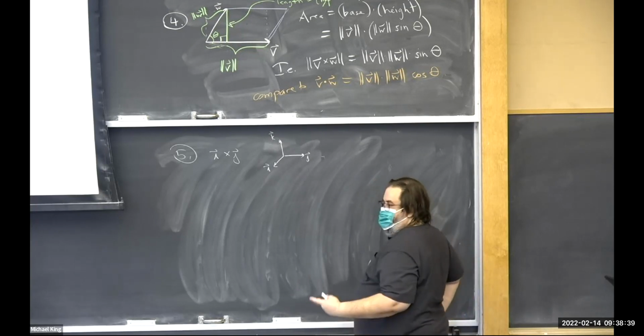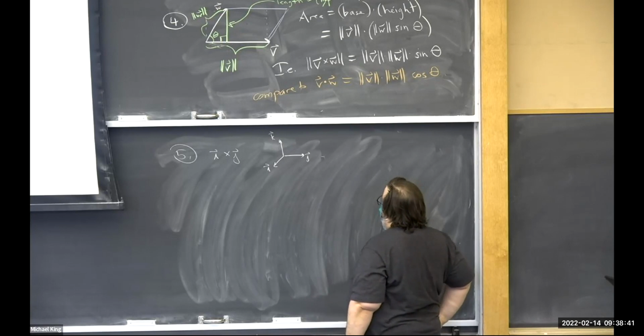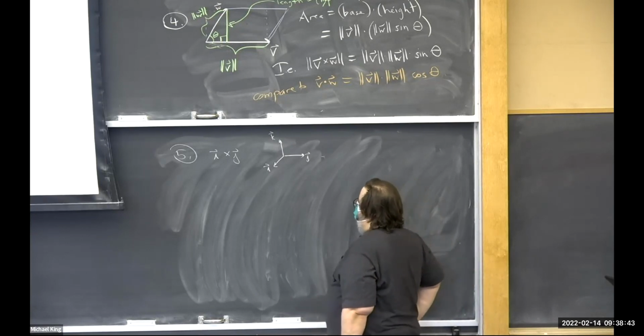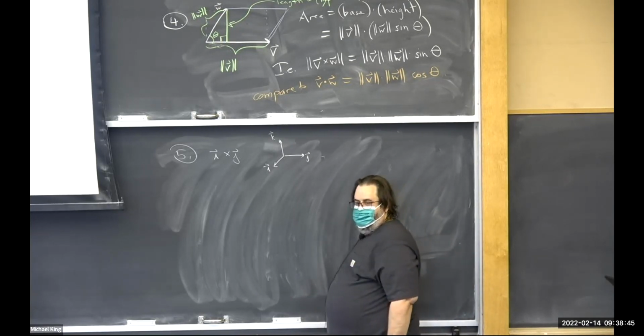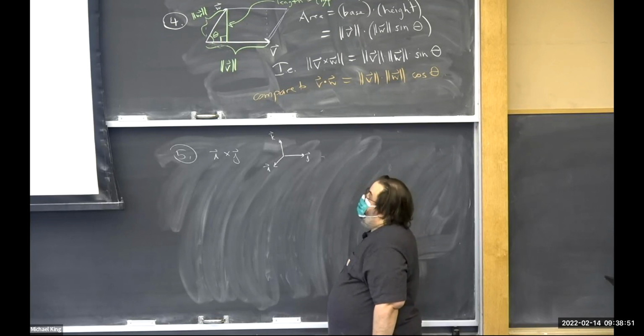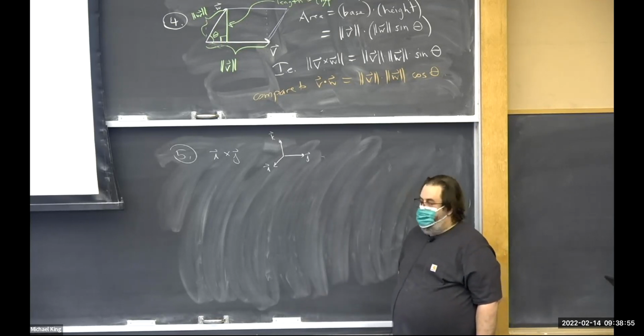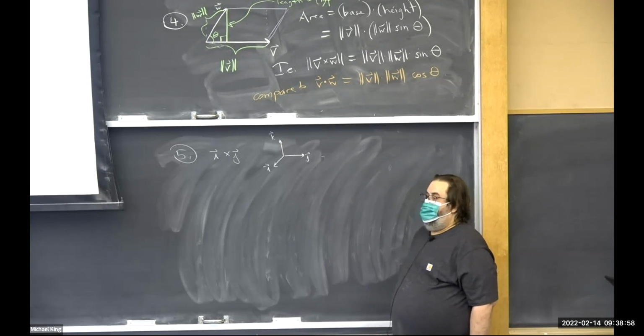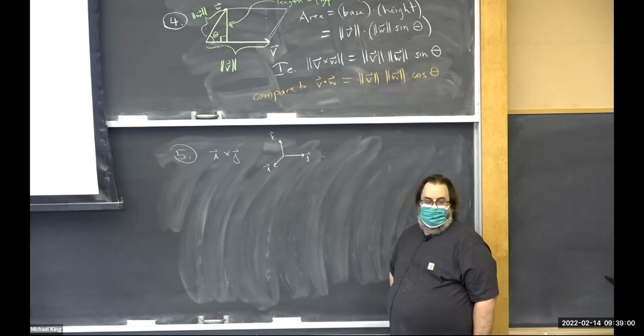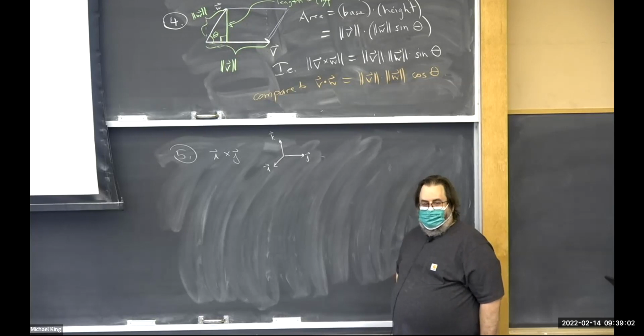So according to the geometric definition, first off, what's the magnitude of I cross J? What does it say? What area would we be looking at? Yeah, why 1?